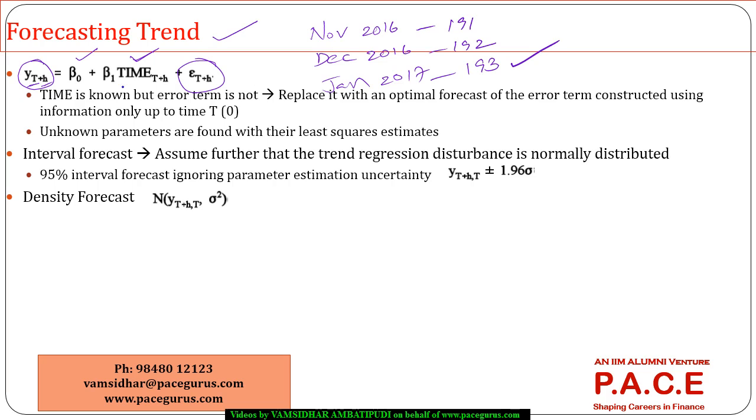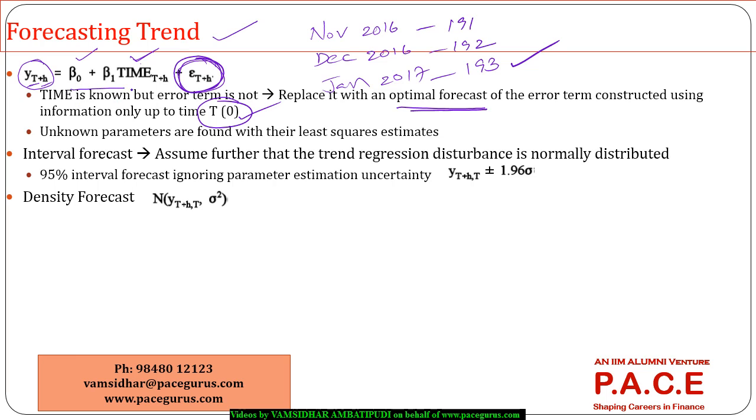So we know the time t plus h, but epsilon t plus h, the error at that particular point, we don't know. So we replace it with an optimal forecast of the error constructed up to time t, and generally we take it as 0. For this estimation, epsilon t we are taking as 0.